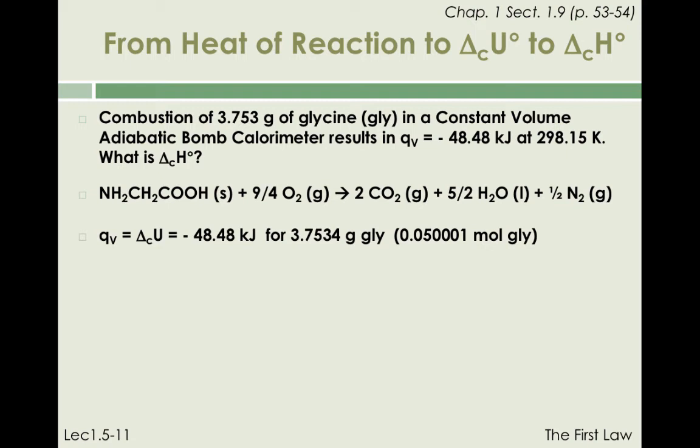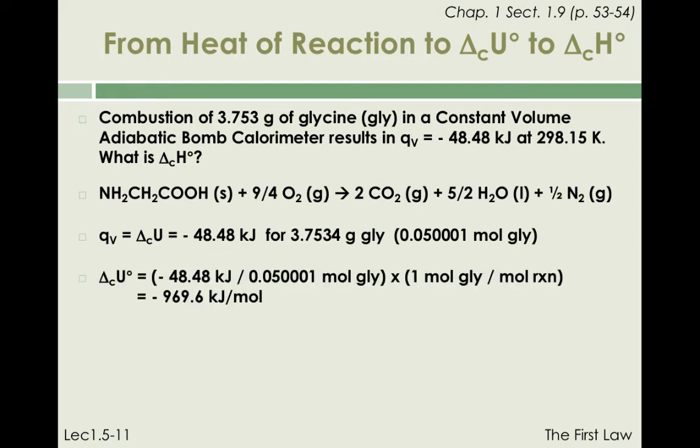Here we use 3.753 grams of glycine, which corresponds to 0.050001 mole of glycine. So to get delta C U standard, we need to divide delta C U for 3.753 grams of glycine by the number of moles of reaction equation associated with this mass of glycine.